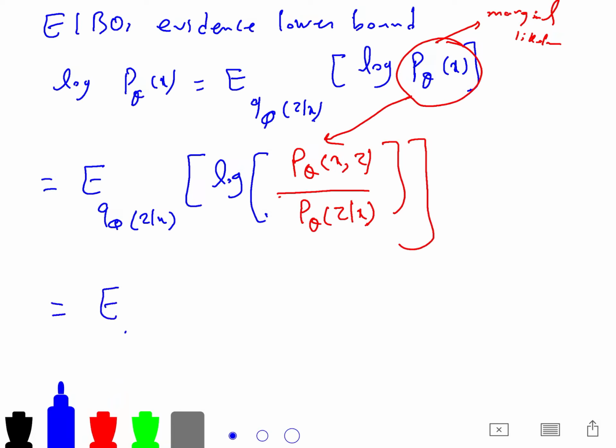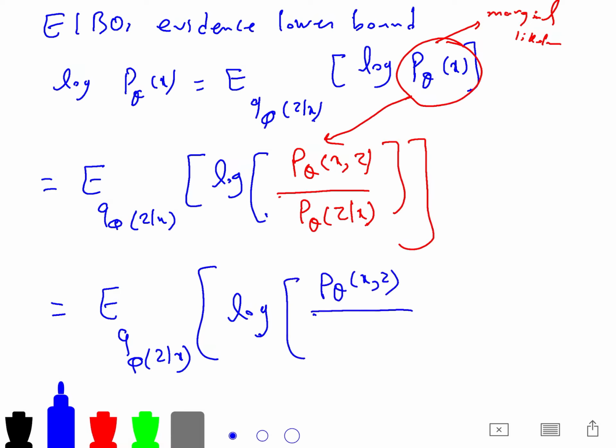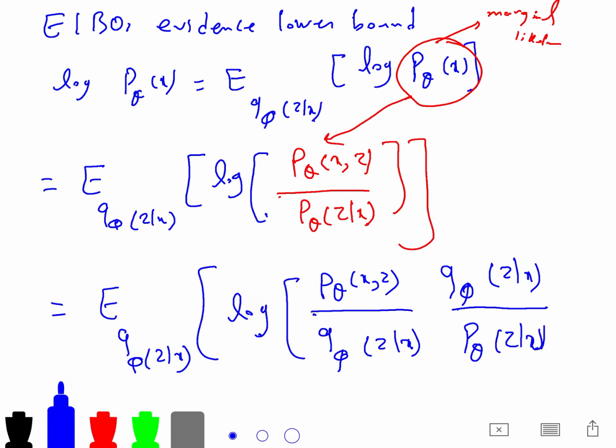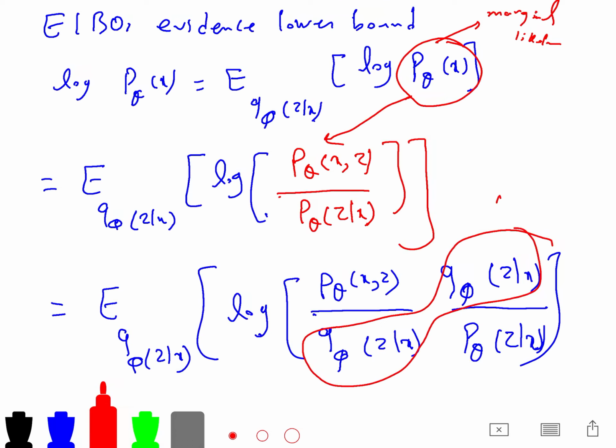So this becomes expectation of q phi z of x. Now I want to multiply it by 1. So it becomes p theta x and z over q phi of z given x, q phi, again q phi, z given x, and then p theta of z given x. As I said, I'm just multiplying it by 1.